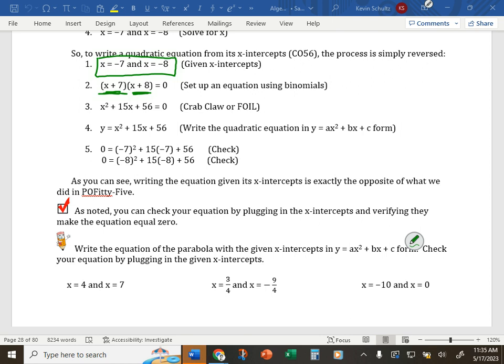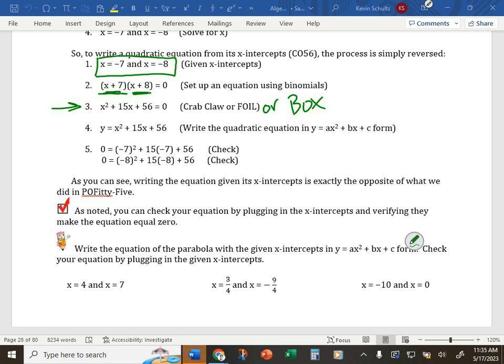And then, how do we get from x plus 7 times x plus 8 to our original equation of x squared plus 15x plus 56? Foil, crab claw, box. Okay. I wrote this before I officially taught the box method for that. So foil, crab claw, box it, and then rewrite it in standard form: y equals ax squared plus bx plus c.